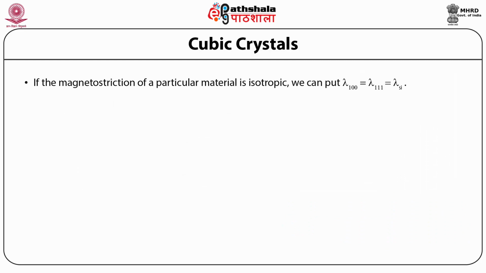If the magnetostriction of a particular material is isotropic, we can put lambda 100 equal to lambda 111 equal to lambda s.